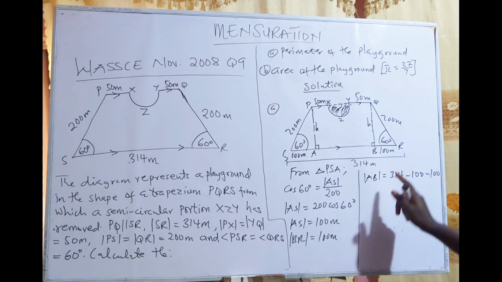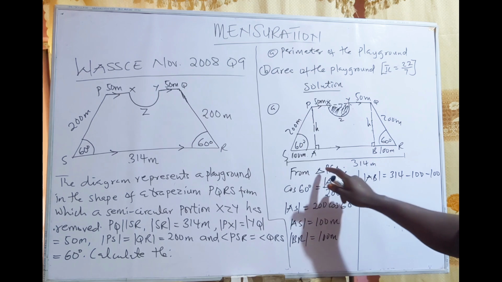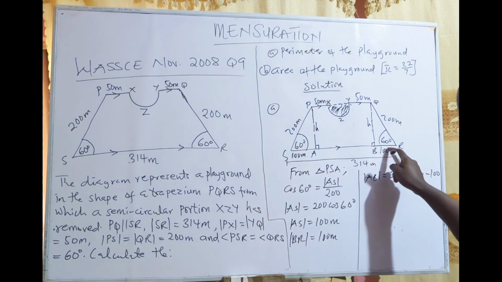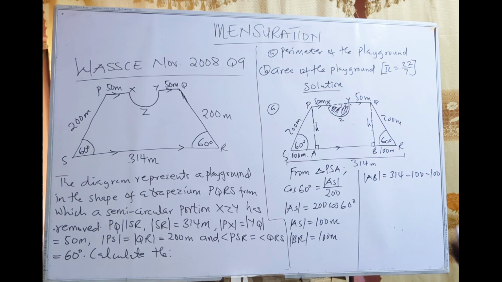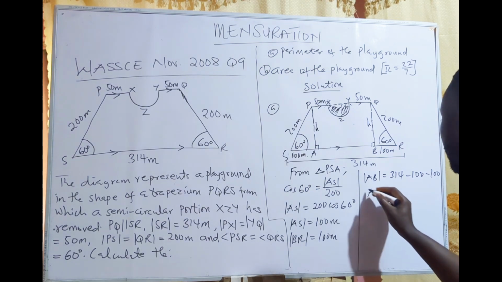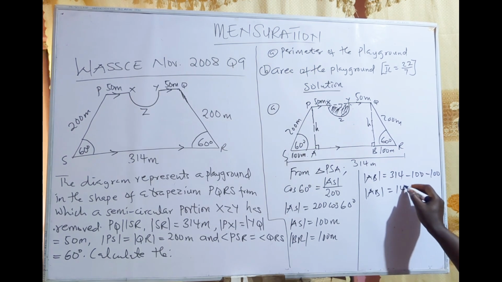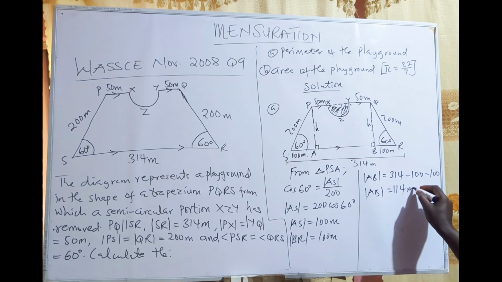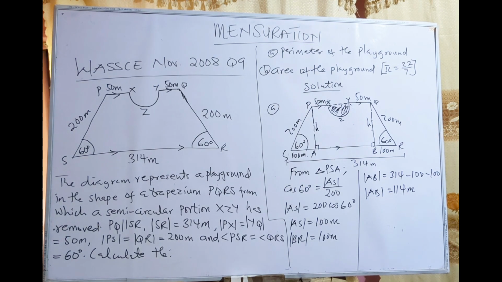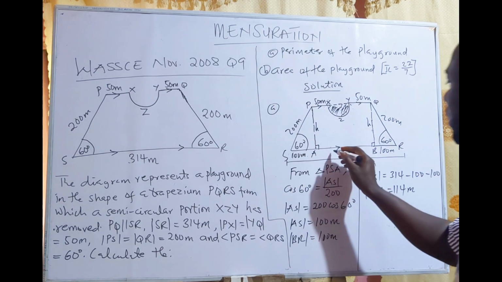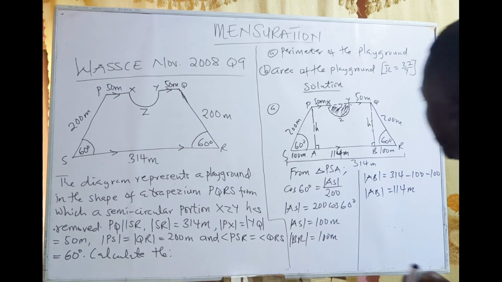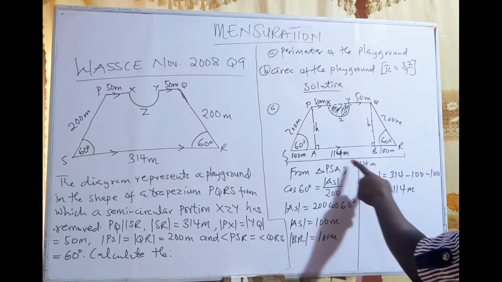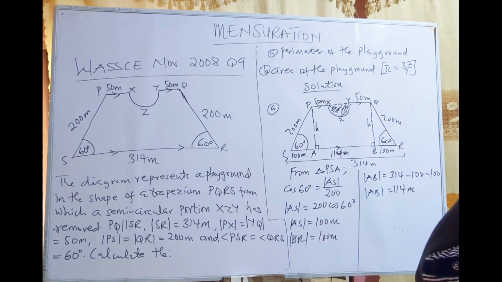The whole of SR is 314, so I subtract 100 and 100. It will be 314 minus 200, and that gives me 114 meters. So 100 plus 100, 200, plus 114 gives me 314.